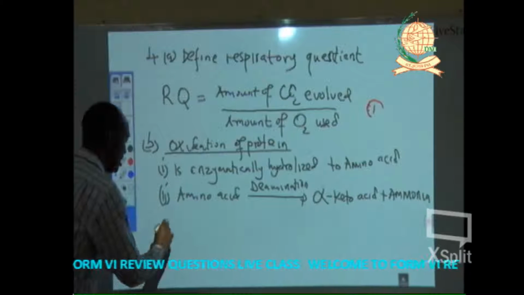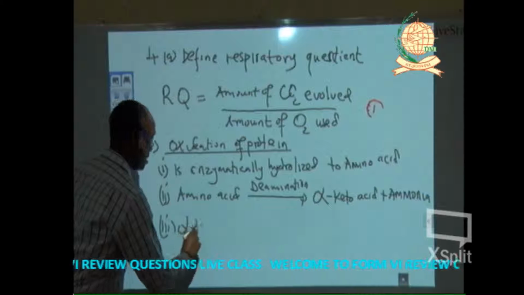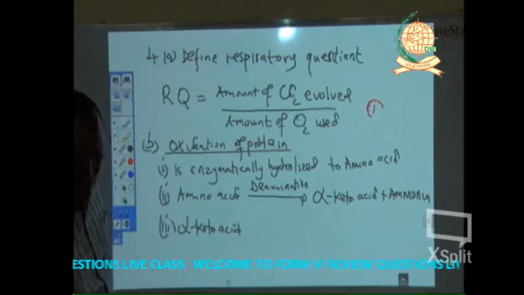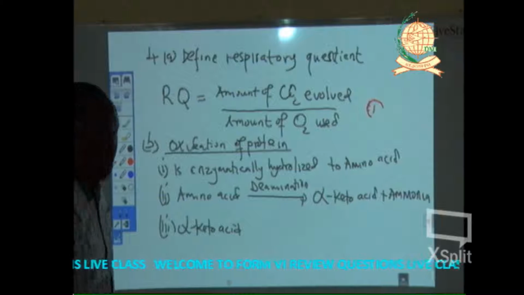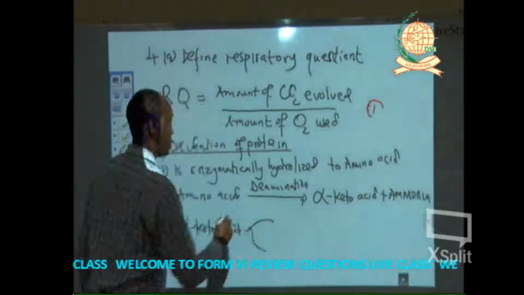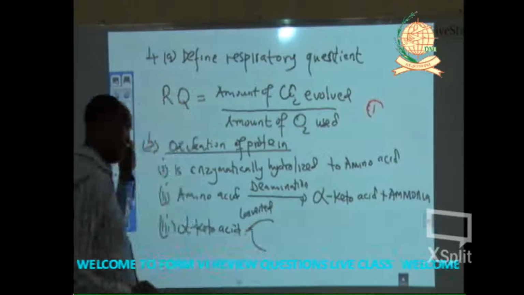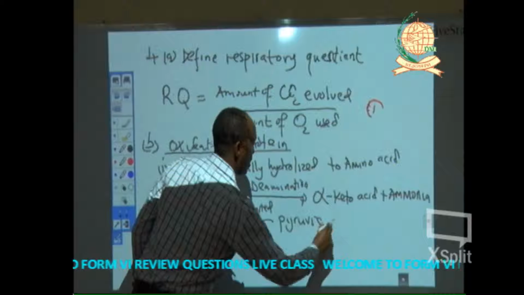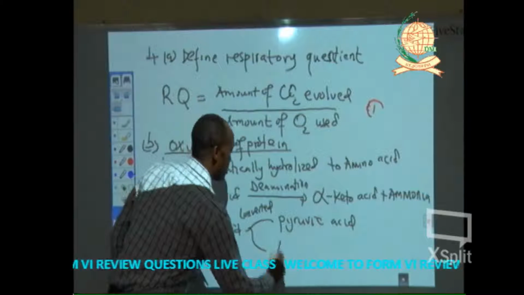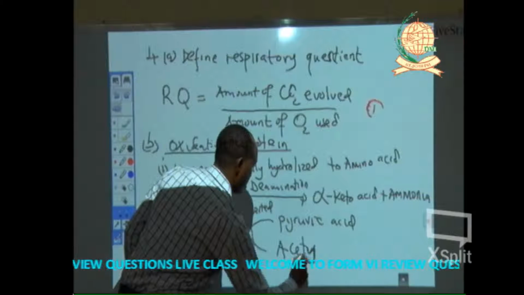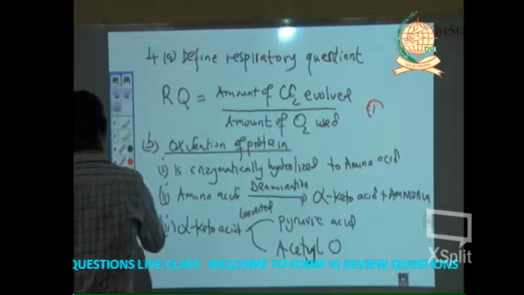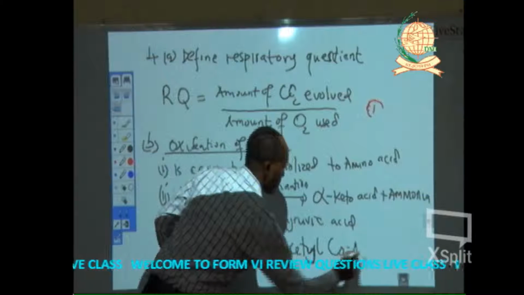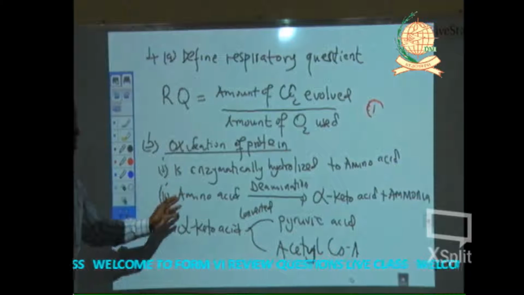Then the alpha keto acid may be converted to pyruvic acid or acetyl coenzyme A. So there are these three processes in the oxidation of protein.